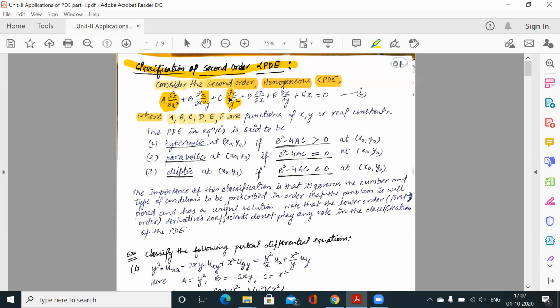These are the second order derivatives, and these are first order derivatives, del z over del x, del z over del y. And this is the z term, and on the right hand side I have kept 0 because I am saying this is homogeneous. But even if this is not homogeneous, so there is one function of x, y, there is no problem, we can proceed with the same steps.